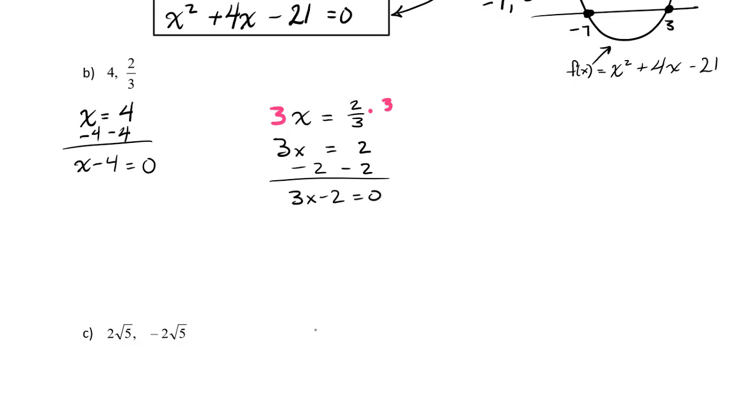I now have two equations, both of which equal 0, and so I can now multiply those two binomials together, where the product will equal 0. So x minus 4 times 3x minus 2 equals 0. And now I'm going to FOIL.